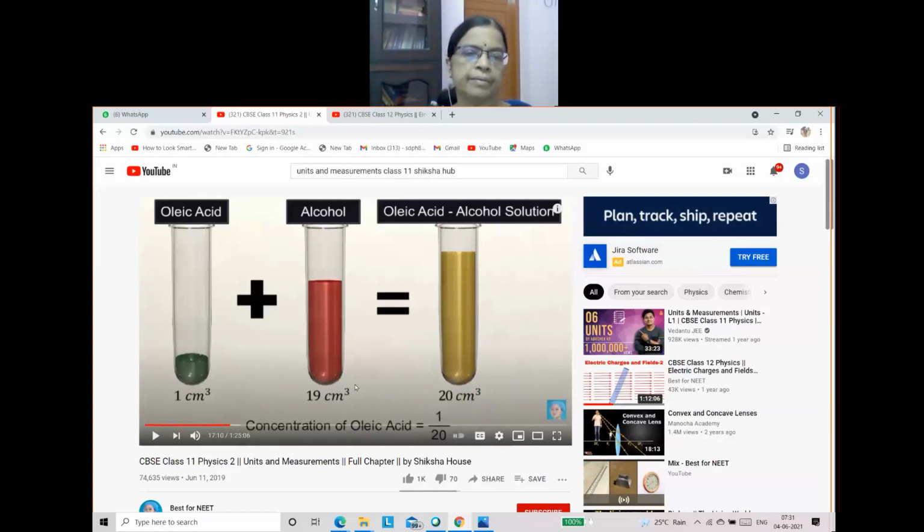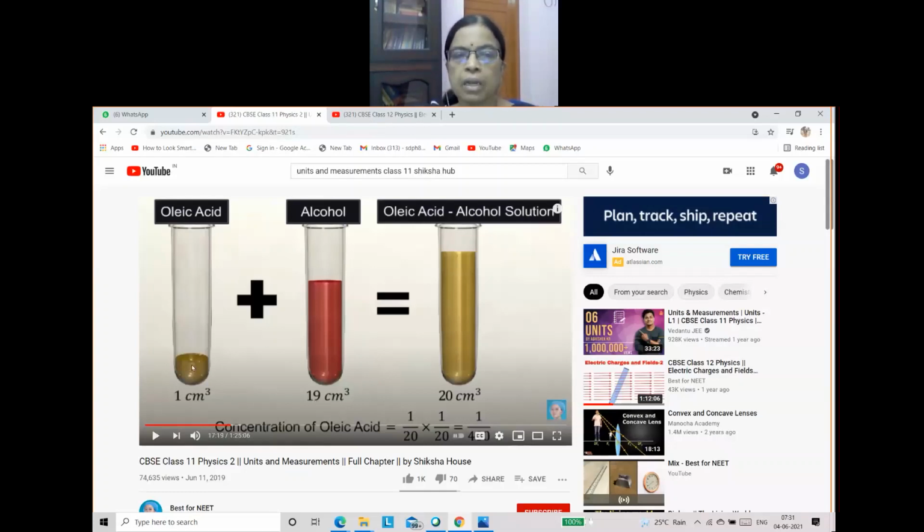The next step, what do we do? Let us see. Take the oleic acid solution with 1 cc of oleic acid in it, and dissolve 1 cc of this solution in alcohol. Now we got 1 by 20 centimeter cube of the solution. From that, again take 1 centimeter cube.